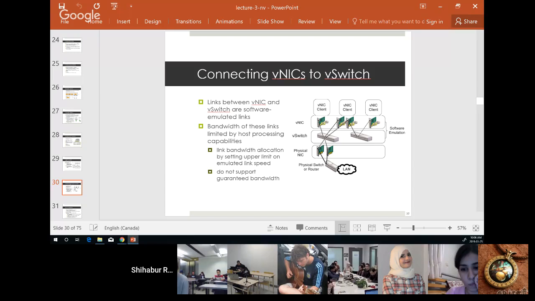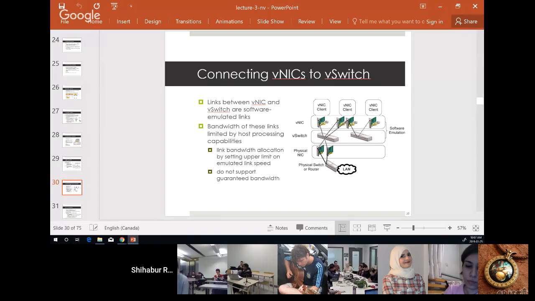Traditionally in a network, you have, for example, a physical machine, and there is a physical link that connects this physical machine to a switch at some port, right? In this case, everything is in software. There is no physical link between the actual machine, the virtual NIC, and the actual switch, because it's not a physical switch, it's a software switch. So it's a software emulated link. It's something that has the properties of a link, but it's not a physical link. It's all a software concept, okay?